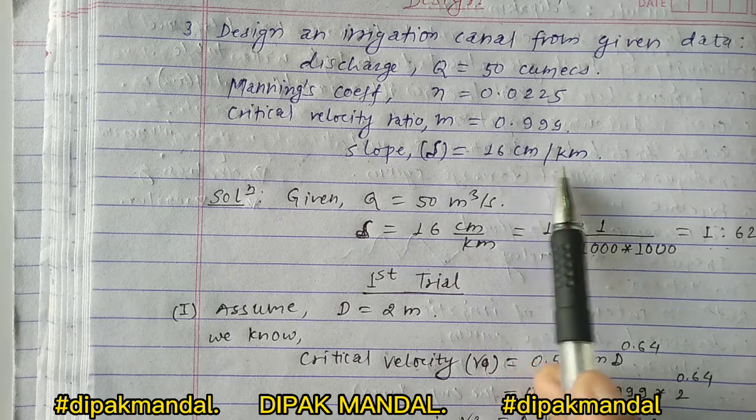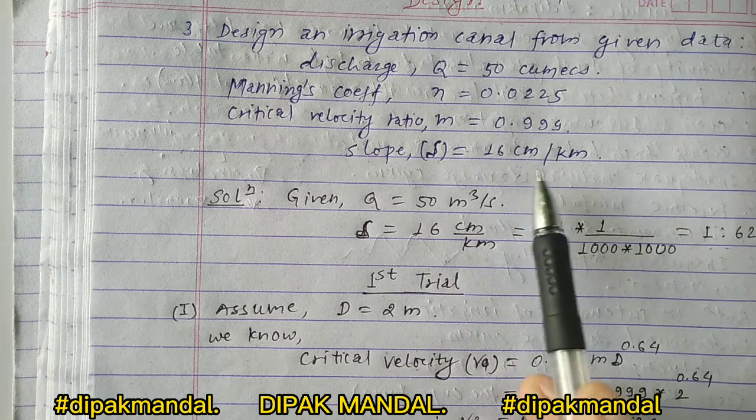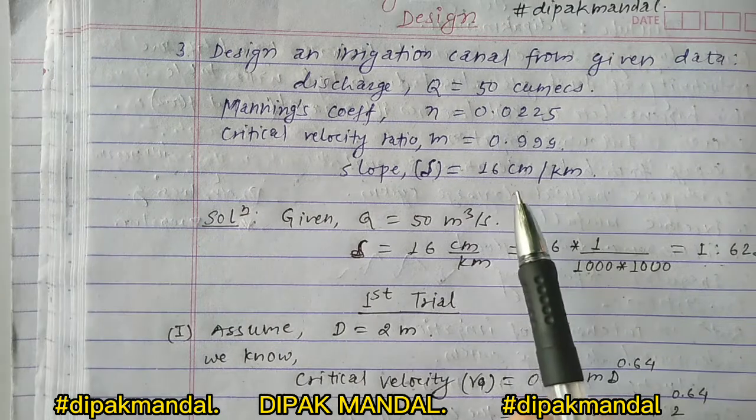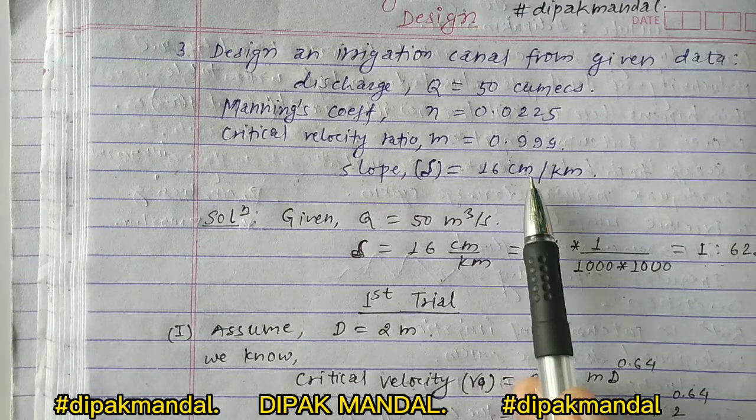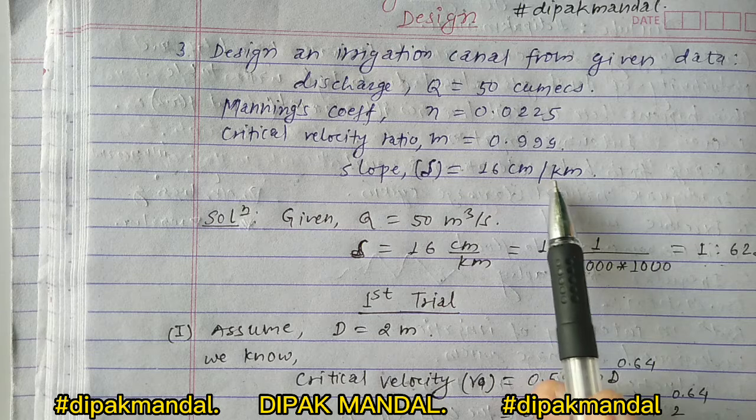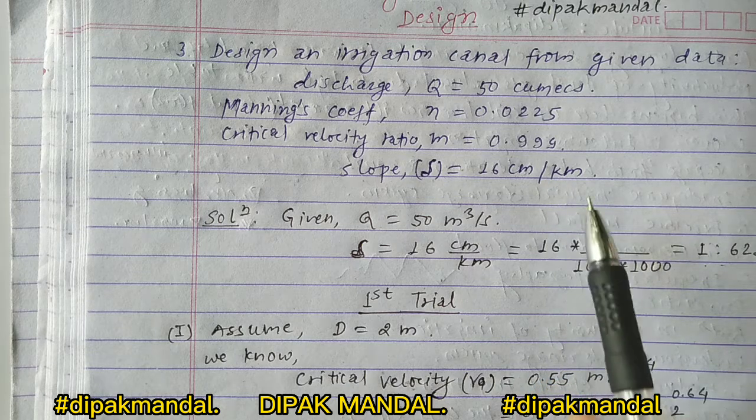These are two different units, so we have to convert them into a similar unit. For this we have to convert cm into meter, and kilometer into meter.